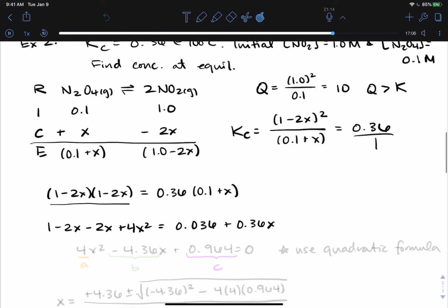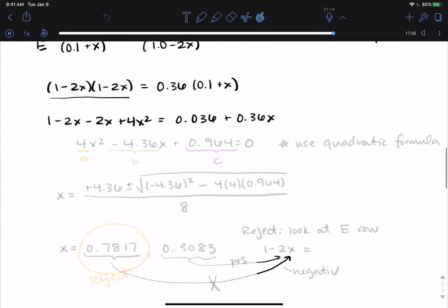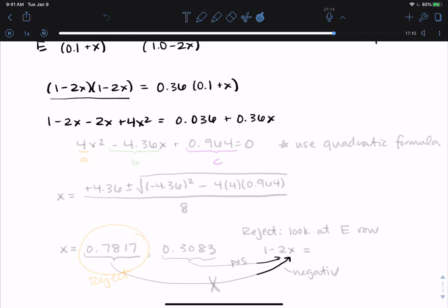If I combine these terms and get everything rearranged, this turns into 4x squared minus 4.36x plus 0.964 equals 0. So not something that I can get through very easily, but something I can plug into the quadratic formula.